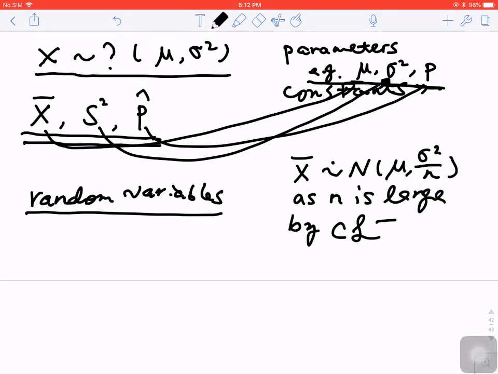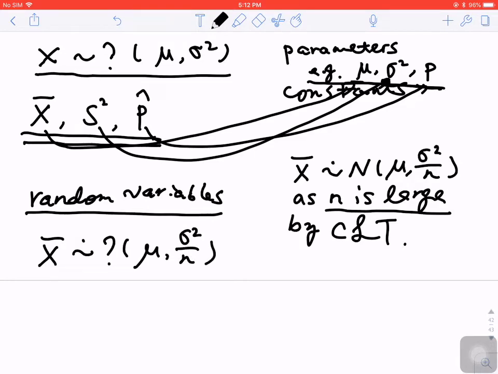But notice that even if this n is not large, you still have the conclusion that the mean and variance of x bar is equal to this, right? The only difference is that if n is not large and the original distribution x does not follow a normal distribution, you will not know the exact distribution name, but you can still know the corresponding mean and variance of x bar. Okay, so that's all for the distribution of x bar.